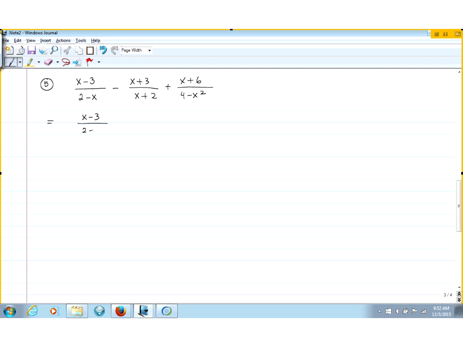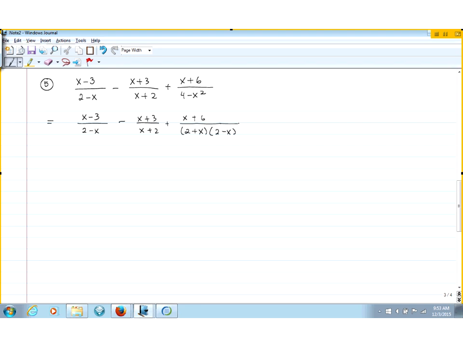So x minus 3 over 2 minus x, minus x plus 3 over x plus 2, plus x plus 6 over, what is 4 minus x squared? How do we factor 4 minus x squared? 2 plus x and 2 minus x.